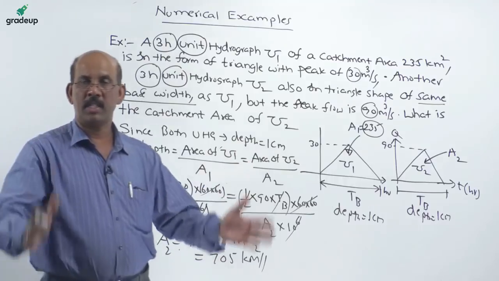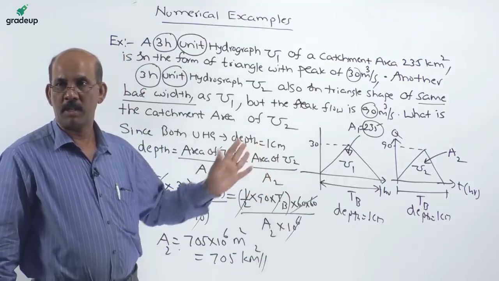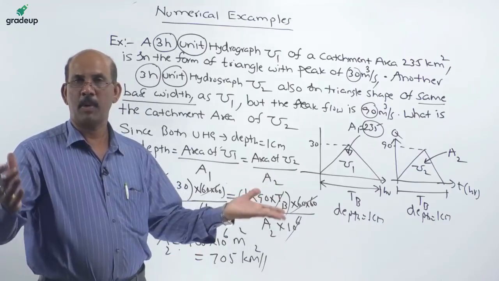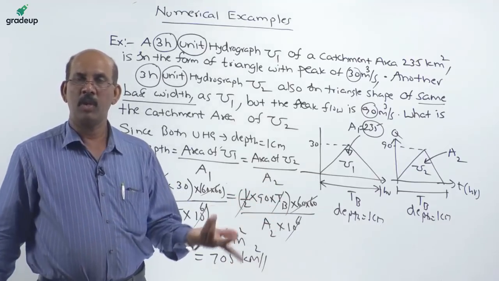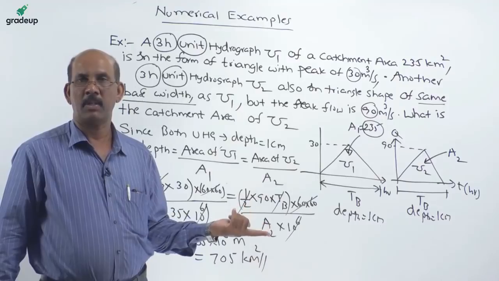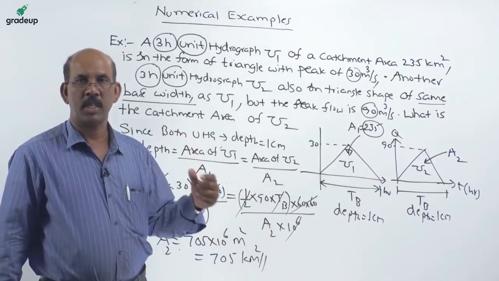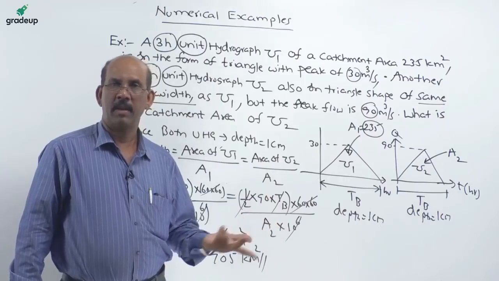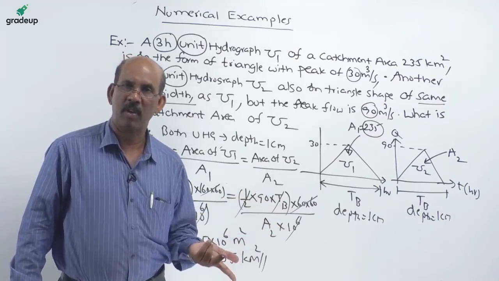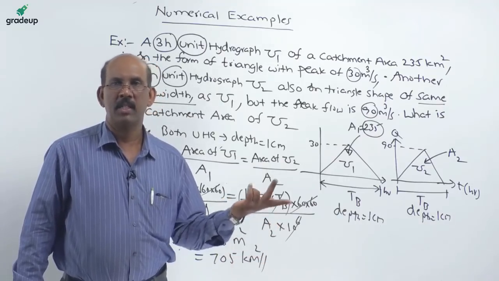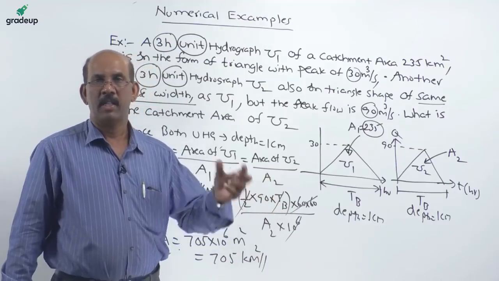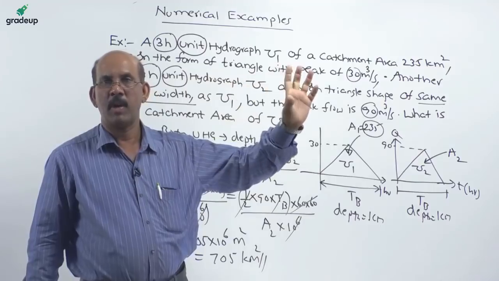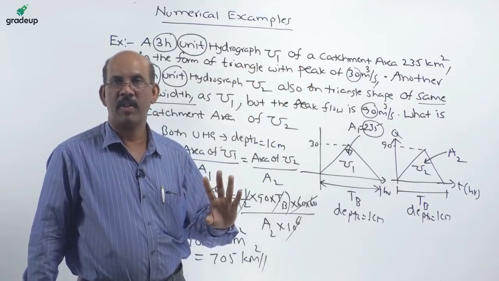So these are simple numerical examples. Any example you can solve here. You have to first see the depth. The depth can be calculated based on the intensity of rainfall and the time. You can calculate the depth of rainfall from your rainfall runoff analysis.